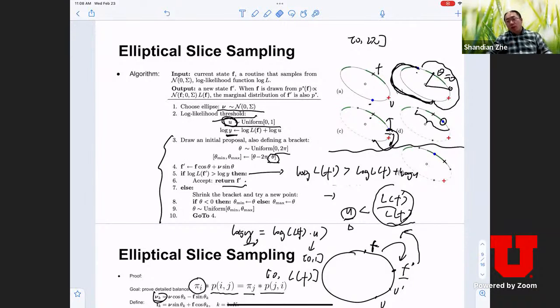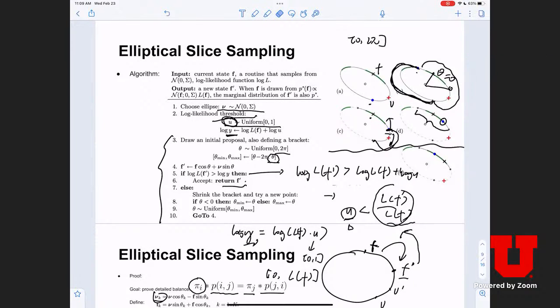If theta is bigger than 0 and outside of that region, I'm going to sample a new theta on the left. So that's why they set theta max to be theta. If theta is less than 0 and outside of the green region, that means too far left, so next time I'm going to find a new theta on the right. That's why they set theta min. Oh, okay. I see.